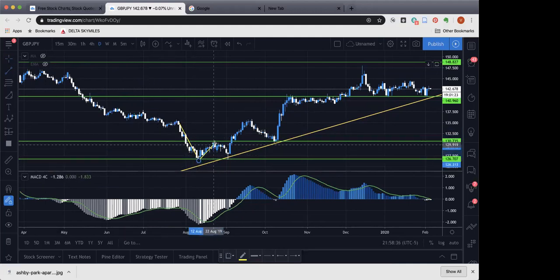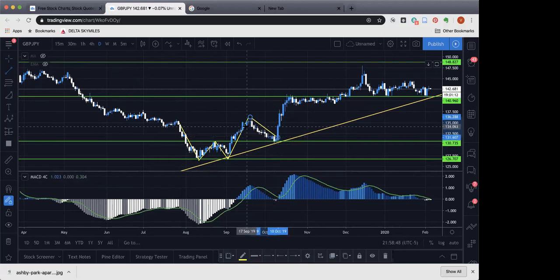Then it broke out. Boom. Gave me this perfect flag to the 618. Pulled back perfectly to the zone. Broke out again. Left shoulder. Came down.